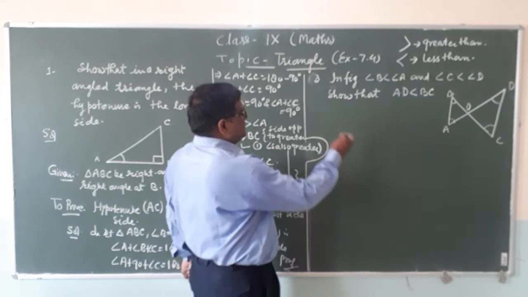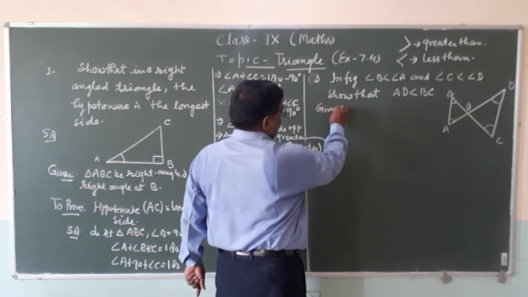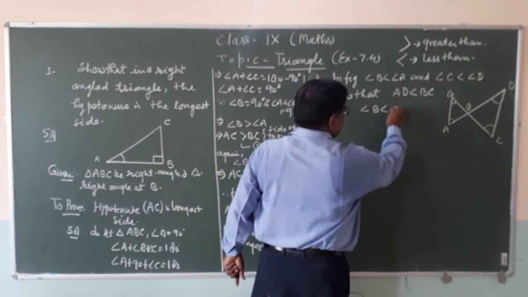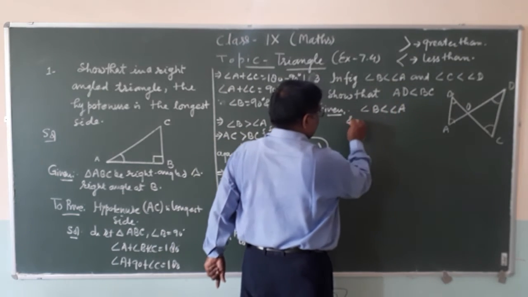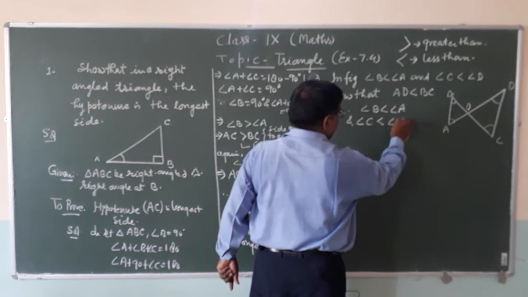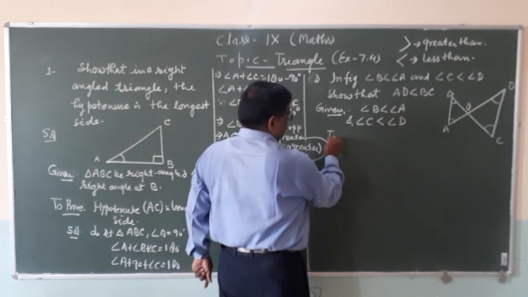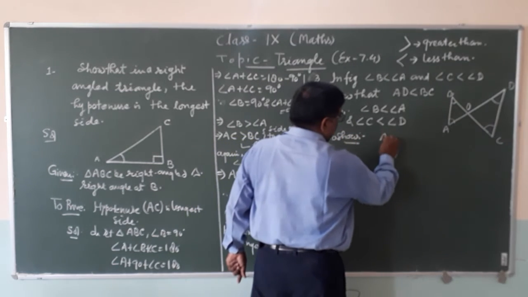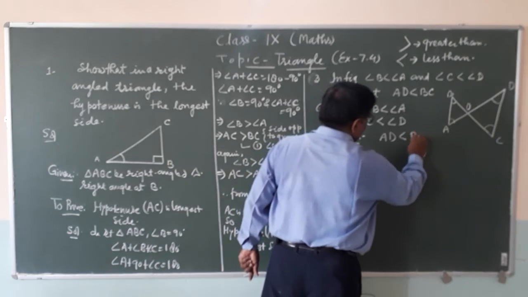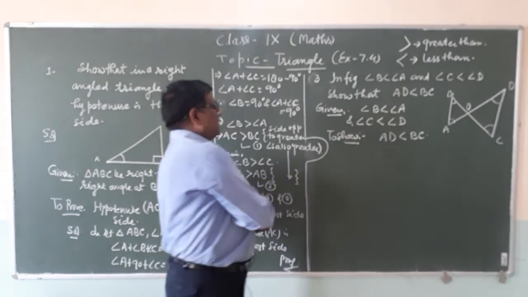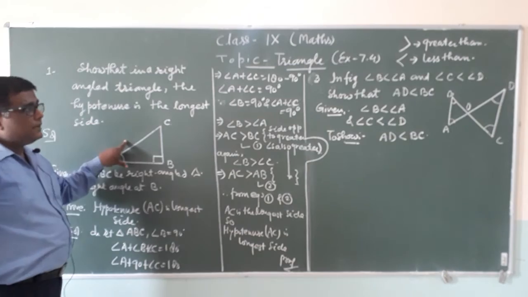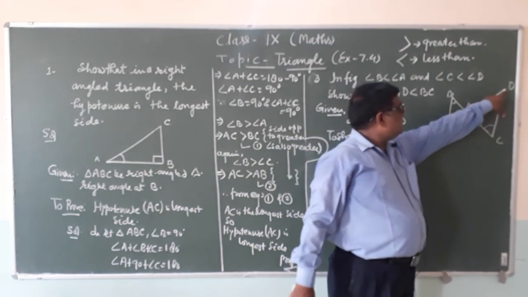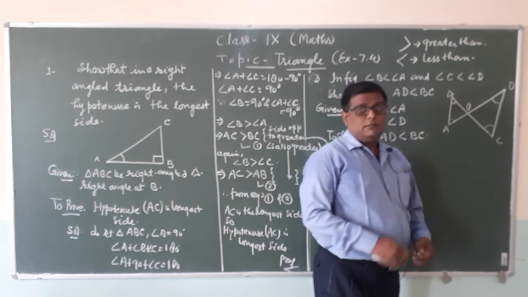First of all, given: angle B is less than angle A and angle C is less than angle D. To prove: AD is less than BC. Earlier we had to prove AC is the longest side, and now in this question we have to prove that AD is less than BC.